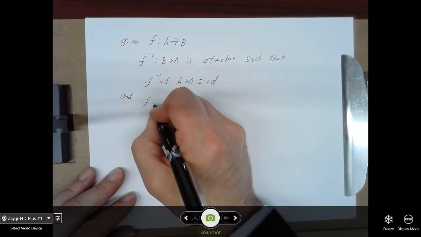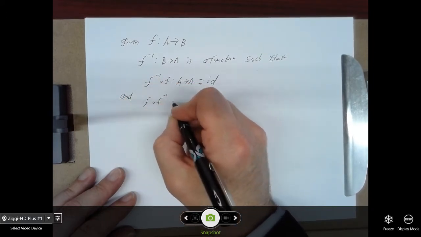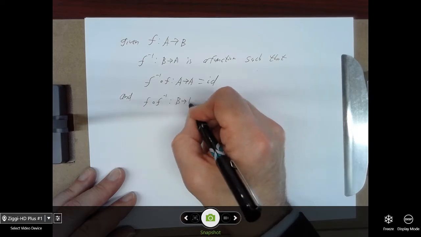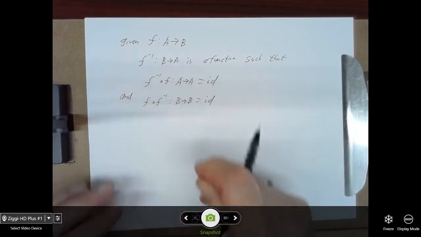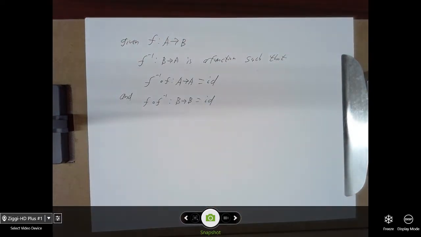And if we take f and compose it with f inverse, that maps from B to B. That's the identity. That's just a fancy way of saying if you have a function, you have an inverse, start with an element in set A, apply your function over to B, apply your inverse back to A, you should get to the same place you started. So f inverse maps back in the other direction.